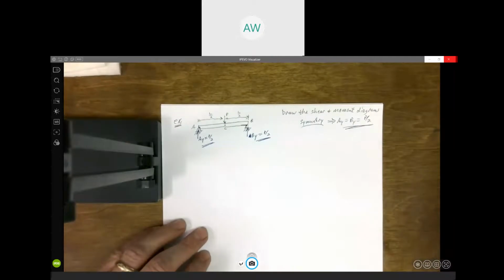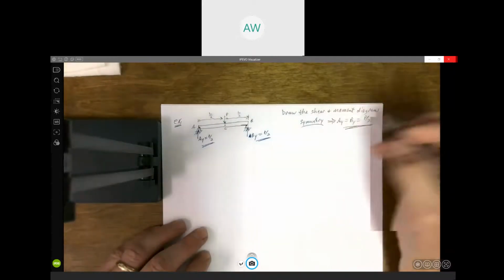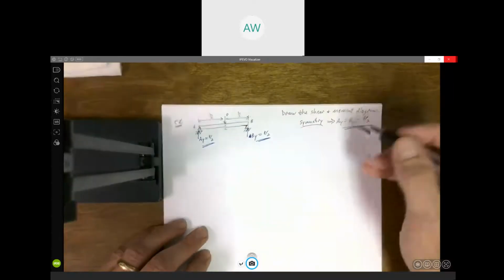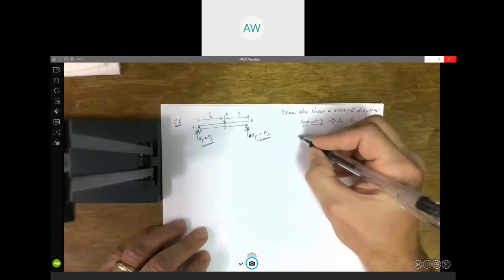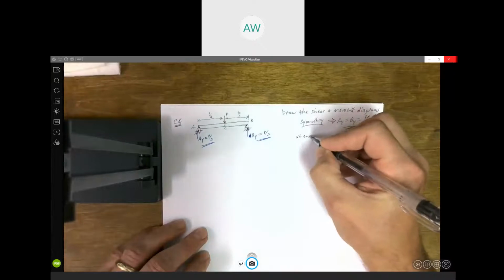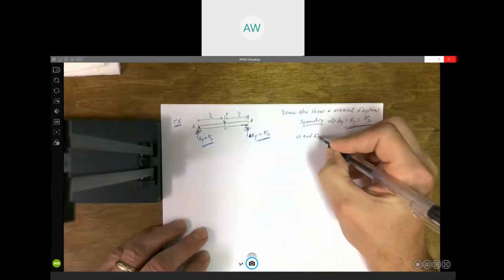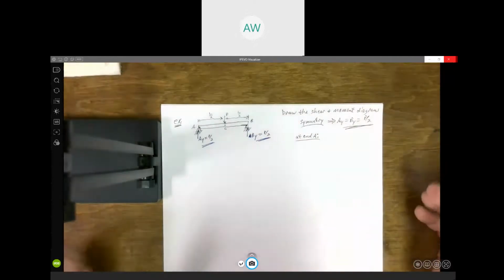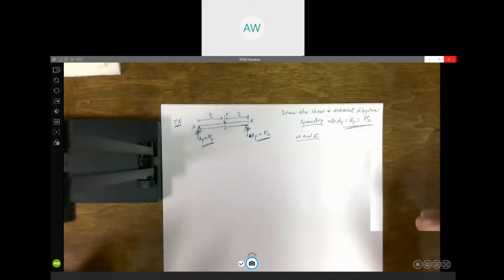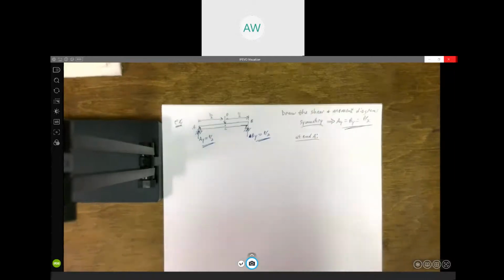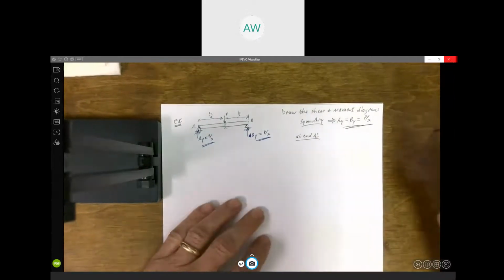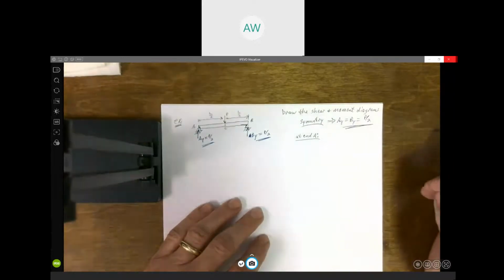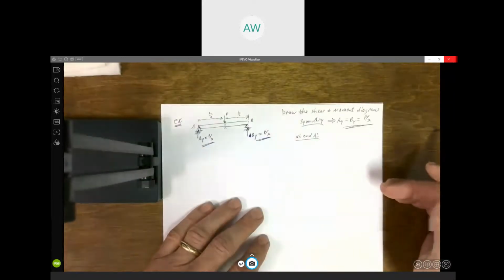So maybe we go back and discuss that again for a minute. So let's look at end A here. You don't need to go through and do this every time, but I want to go through it at least once so you'll see how we know what's happening at the ends of the beams.